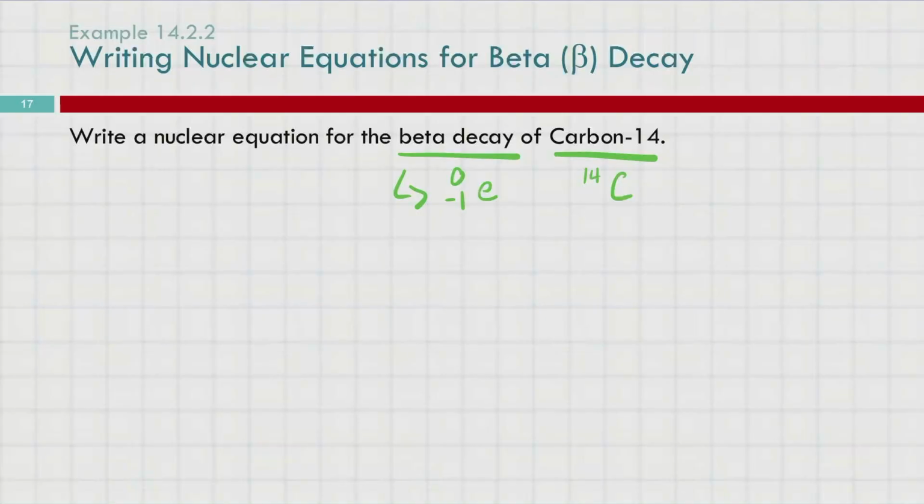And we can find our atomic number from the periodic table. It's 6. So we're going to set up with 14 over 6 C. On the left side, that's our parent nuclide. It's undergoing decay. It's going to make the daughter nuclide and also our electron.